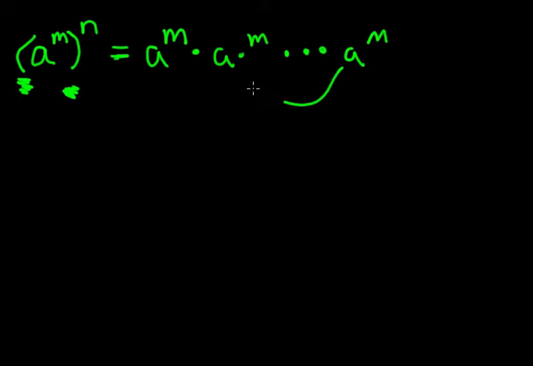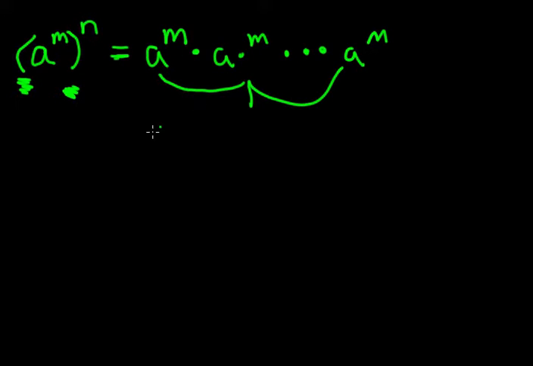And notice I'm going to have parentheses here to enclose this. This is saying I'm multiplying a to the m a total of n times.